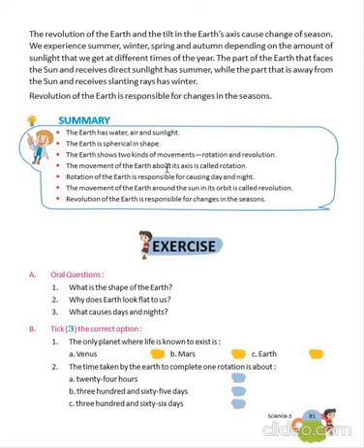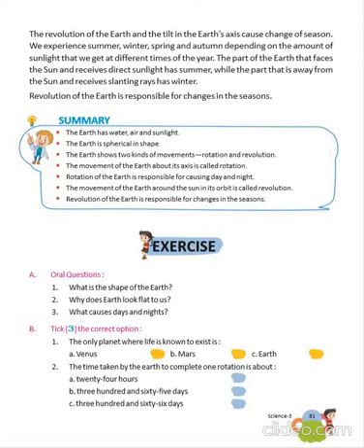Rotation of the earth is responsible for causing day and night. The movement of the earth around the sun in its orbit is called revolution. And revolution of the earth is responsible for changes in the seasons.